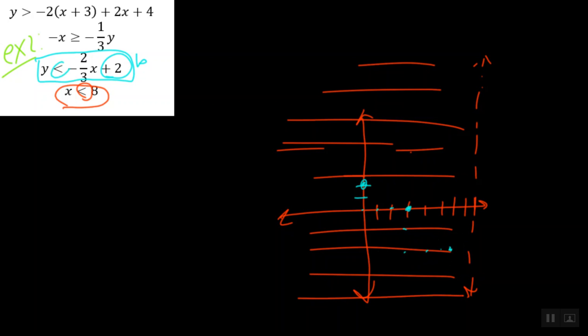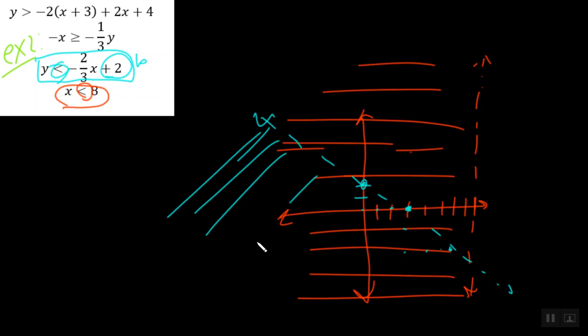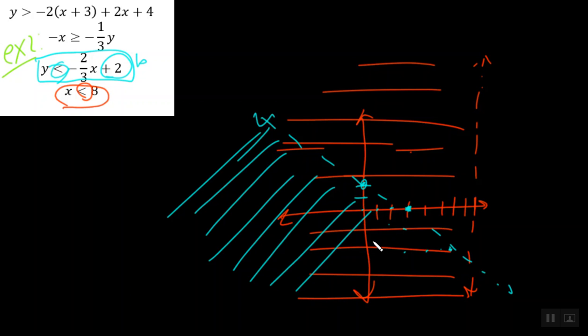Since it's a less than symbol, we use a dashed or dotted line, and since it's less than, we shade everything below.